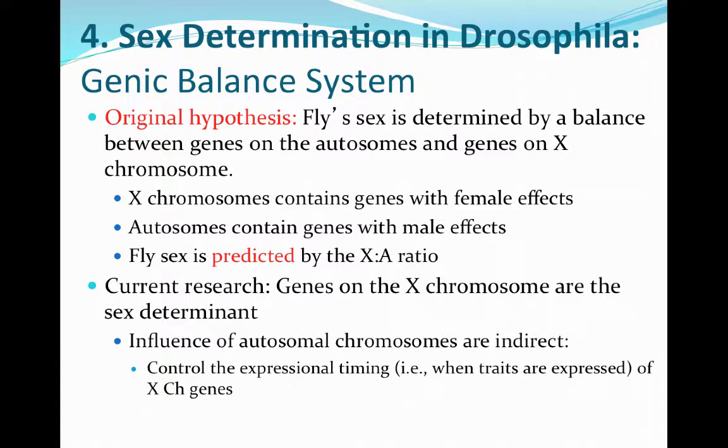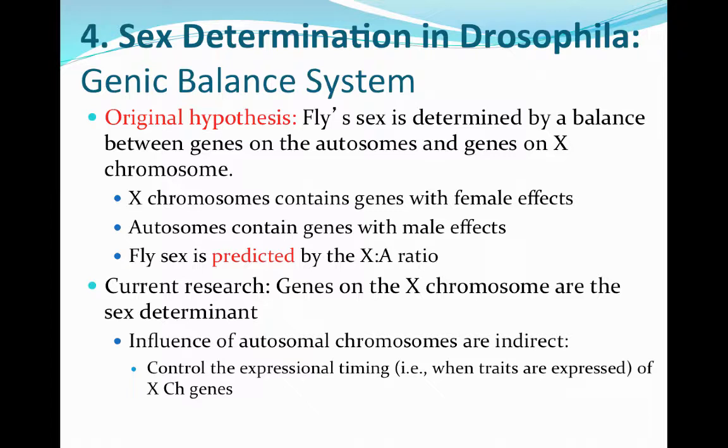So the way that they actually came up with this hypothesis was they worked through the scientific method to make these conclusions. Their original hypothesis was that the fly's sex was actually determined by a balance between the genes on the autosomes and the genes on the X chromosome. So the X chromosome would contain genes that had female effects. So they would code for proteins that were very specific to the female phenotype.